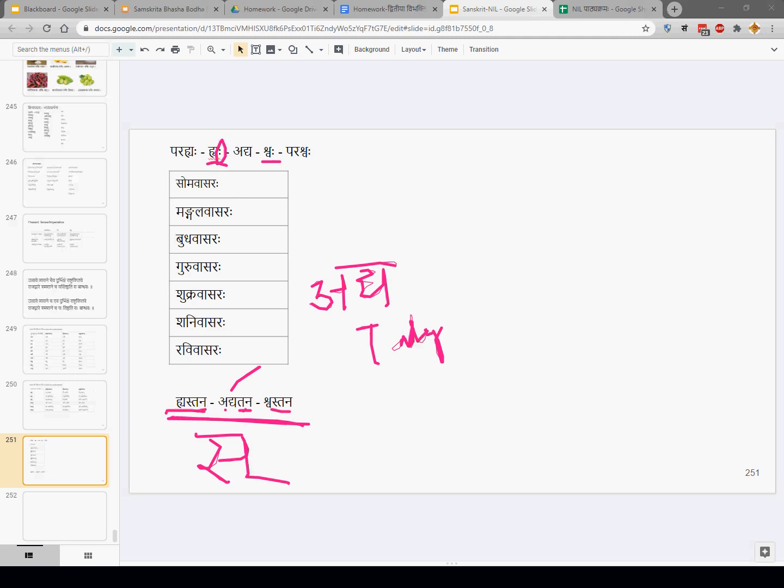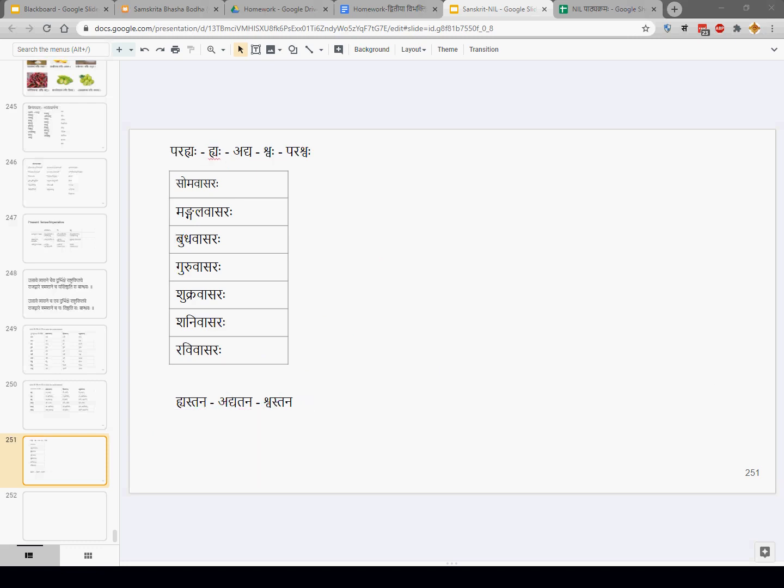Hyastana means of yesterday, and Shvastana means belonging to tomorrow. When we add this Tana, these do not remain Avyaya.